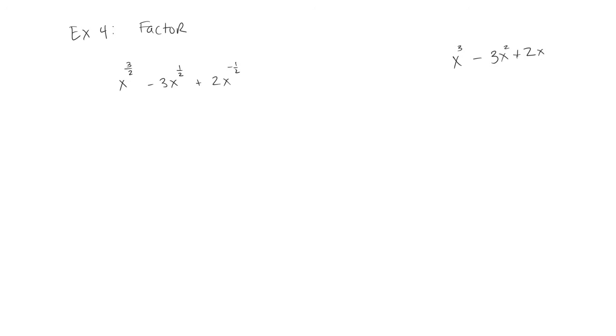Okay, in this example, we're going to factor with fractional and negative fractional exponents. Let me just remind you, factoring is the opposite of distributing. So if I had this example back in the day when this is all we had to factor, I notice that there's an x common to every one, so I just factor it out, and I just, in my head, kind of think about, well, what would I have left?